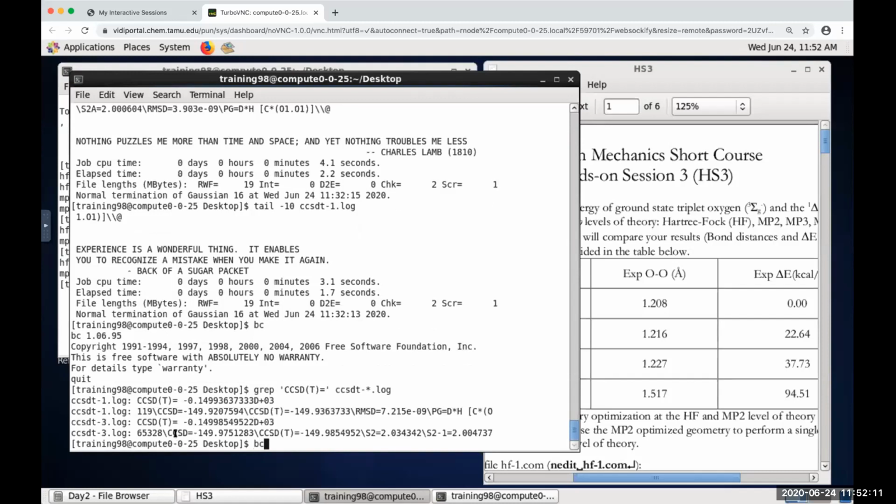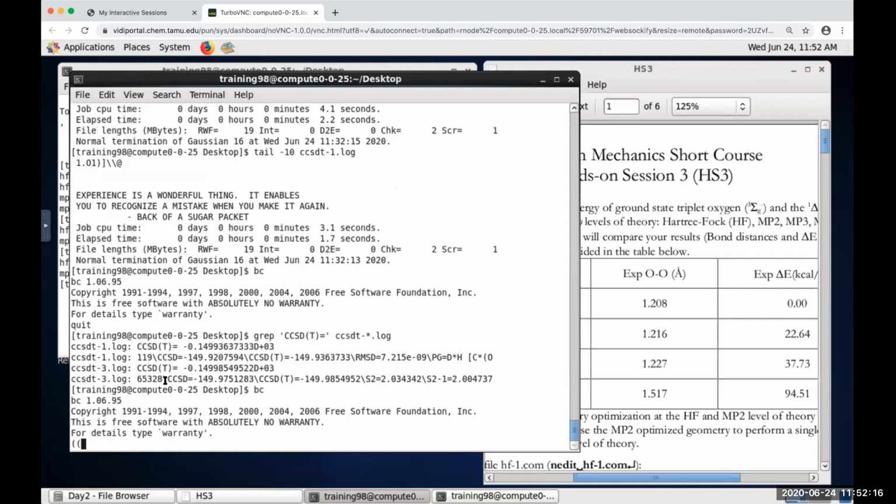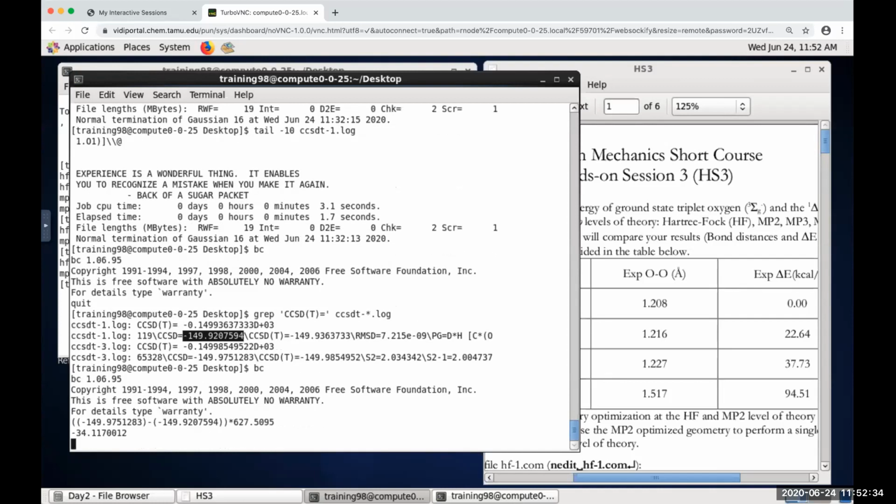So here's our triplet. Let's go ahead and take this number and subtract it from the singlet. And we're down to 34 kcals.